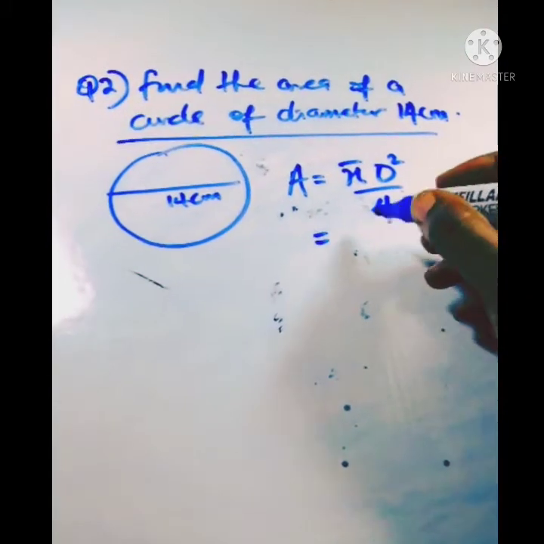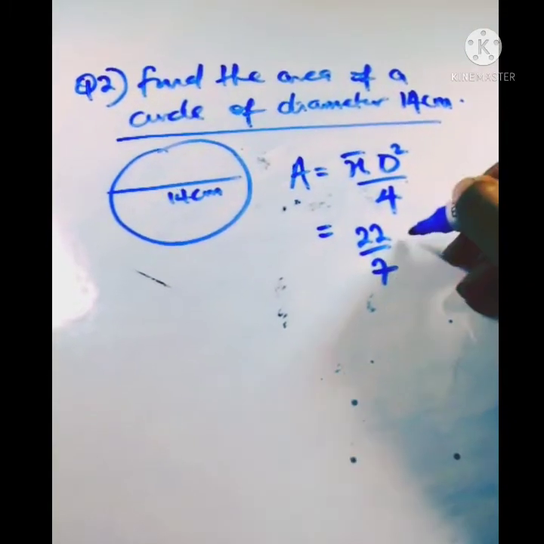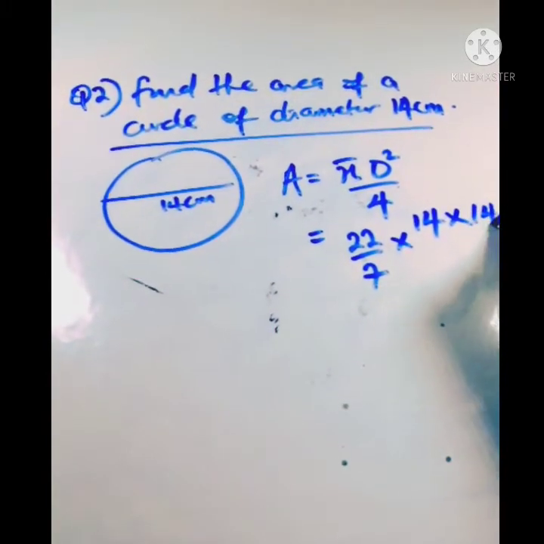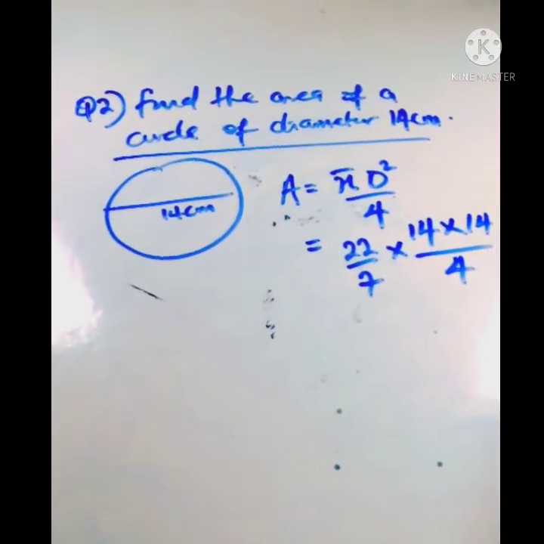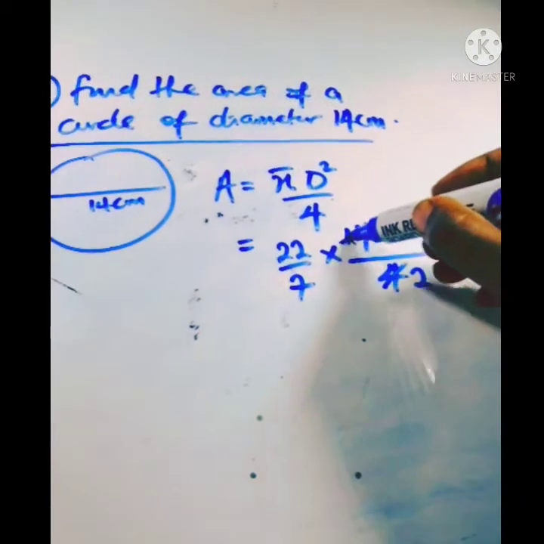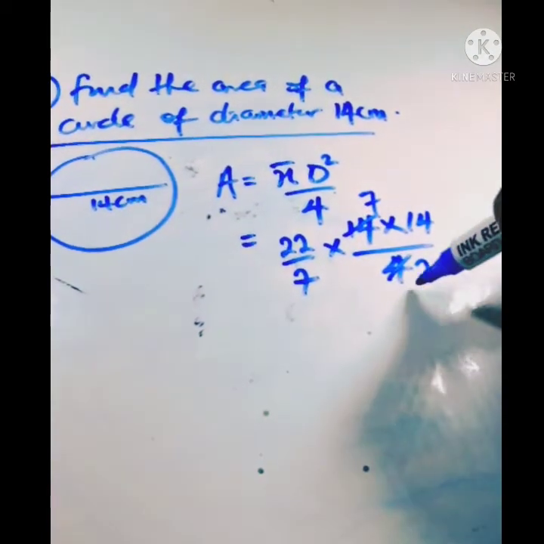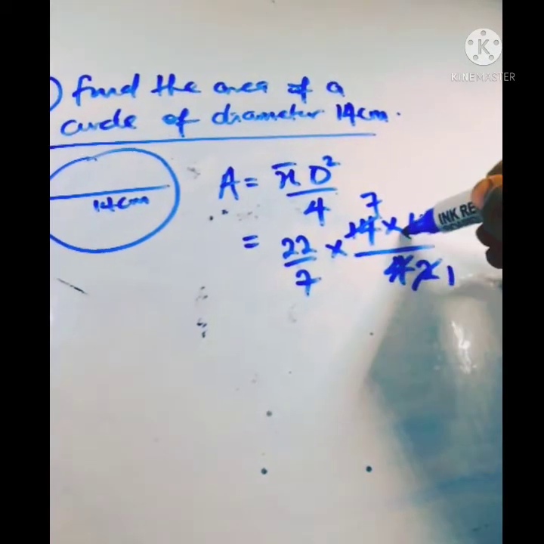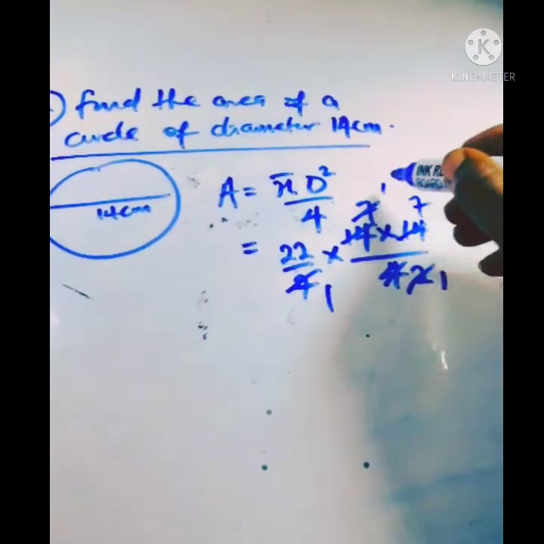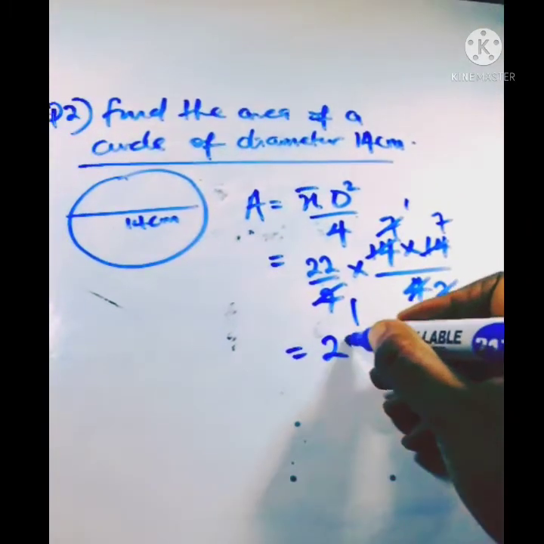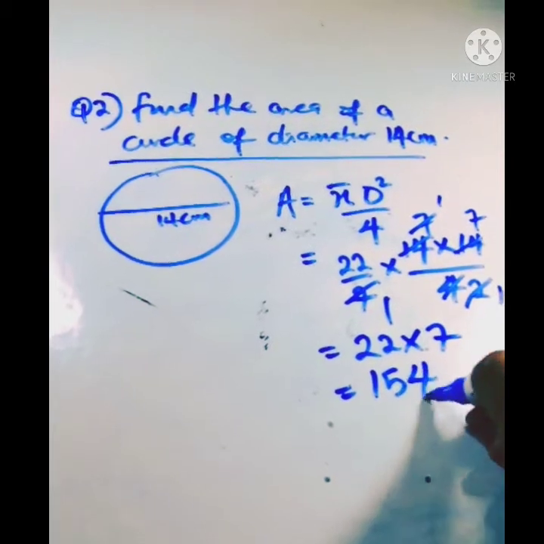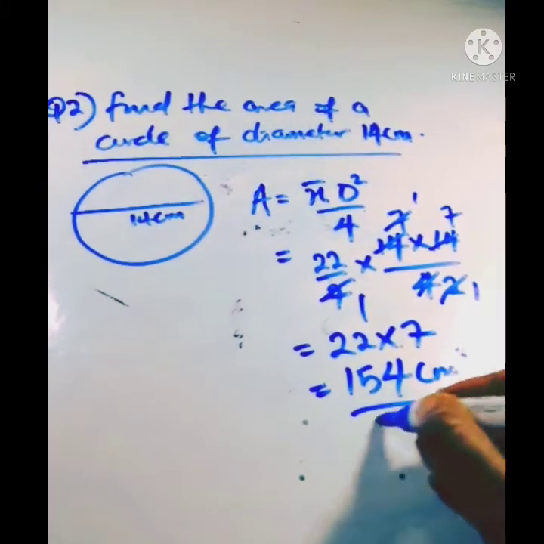So let's fit in the values quickly. 22 over 7 times 14 times 14 over 4. Okay? 2 goes into 14 7 times, 2 goes into 2 once, 2 goes into 14 7 times. 7 goes here once, 7 goes here once. And we are left with 22 times 7, which will also give us 154 centimeter squared.